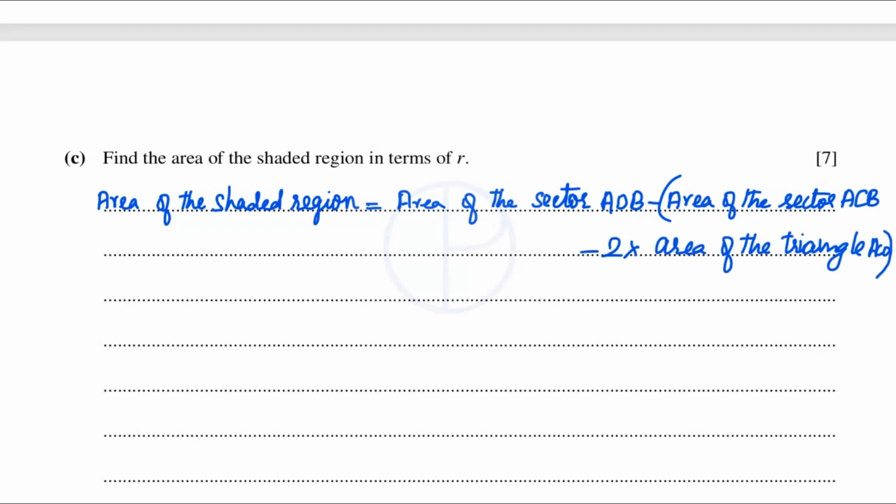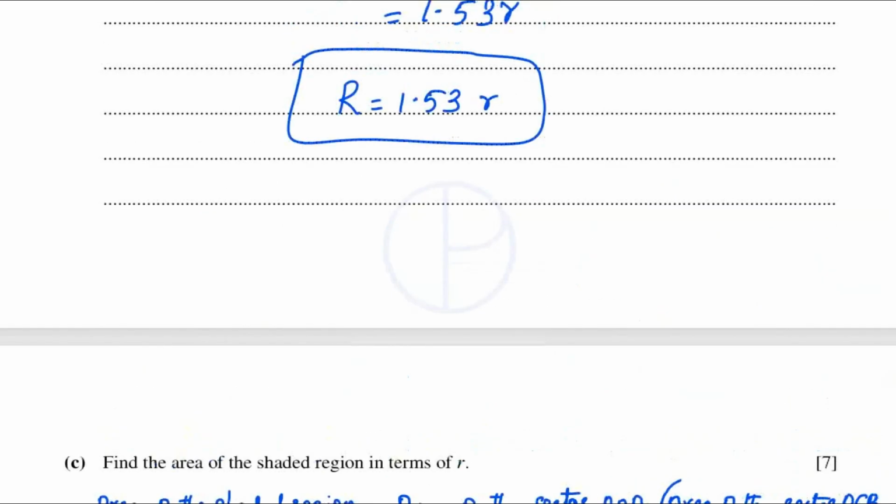So let's find the area of the sector. Area of the sector is half r squared multiplied by the angle, which is 2.8, minus area of the sector ACB.